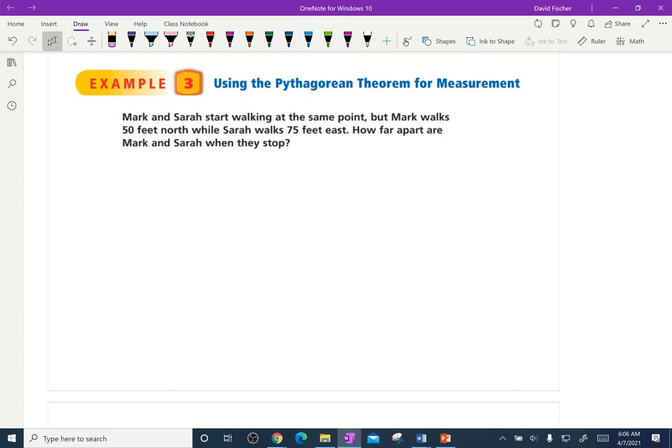Always encourage you to draw a picture. Mark and Sarah started walking at the same point. So I'm going to call a point here. Mark walks 50 feet to the north. North is up. While Sarah walks 75 to the east. East is to the right. And now they said, how far apart are they when they stop?